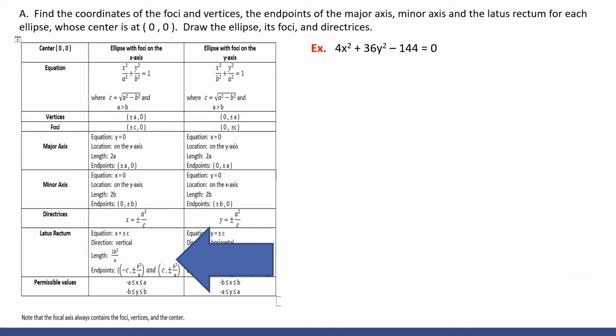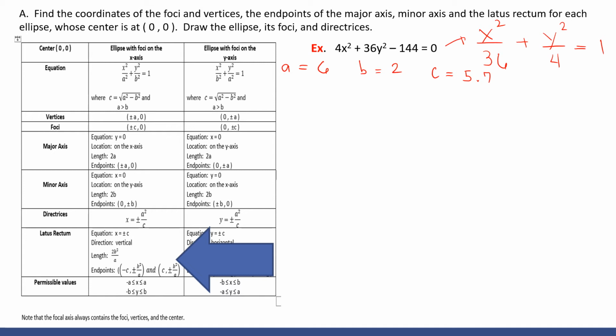Okay? Again, this equation is equivalent to x squared over 36 plus y squared over 4 equals 1. And then we found out that a is equivalent to 6, b is equivalent to 2, and c is 5.7.